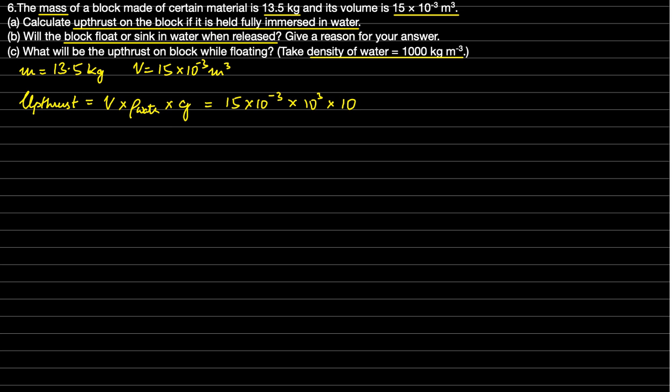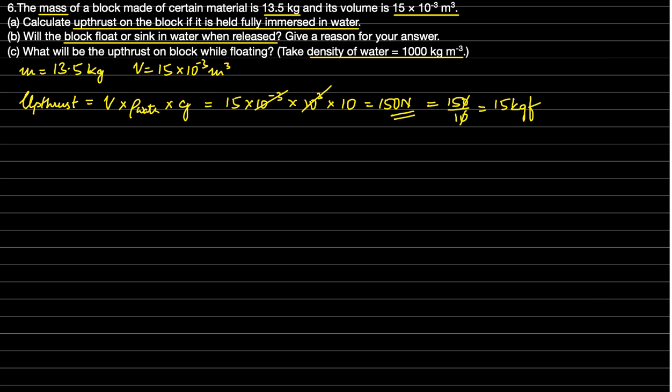So 10 to the power of plus 3, 10 to the power of minus 3 cancels. So we get this as 150 newtons. So we have got the upthrust as 150 newtons. Since the textbook answer is given in kgf, we can divide this by 10 to get it in kgf. 0, 0 cancels. We get this as 15 kgf.